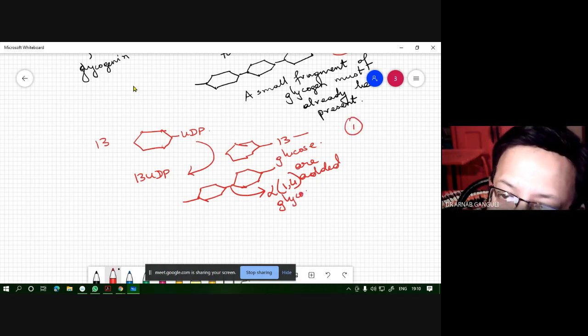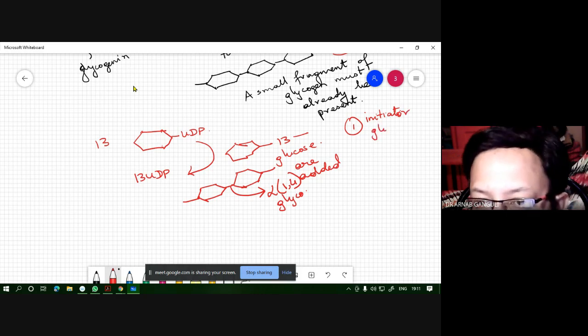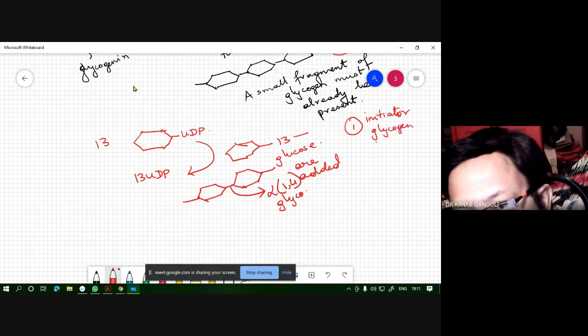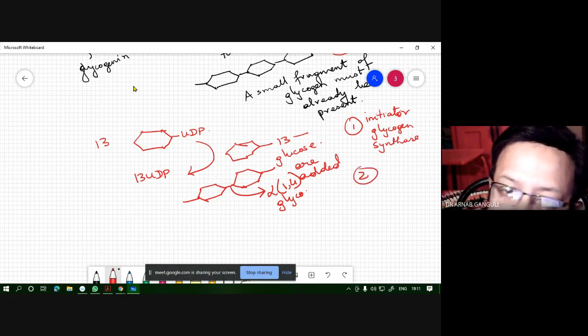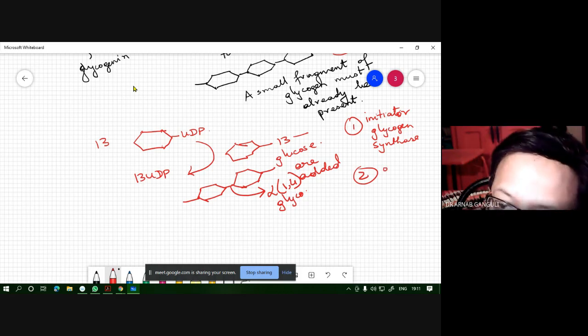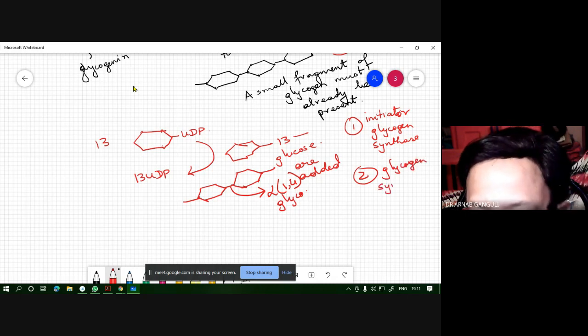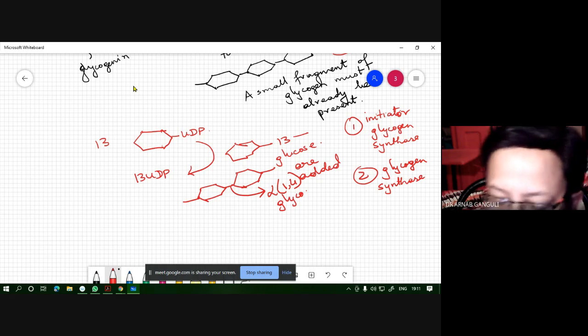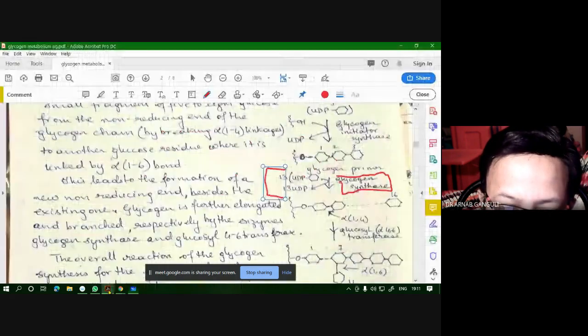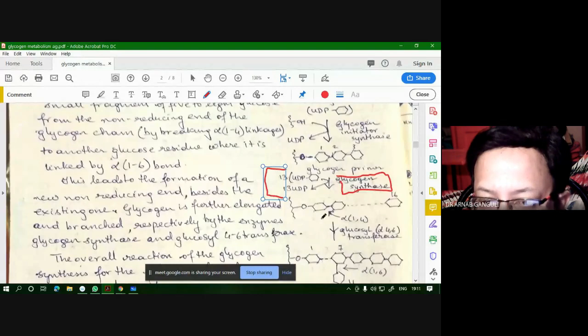First, you had the priming and initiator glycogen synthase, and then for continuous addition, you have the main glycogen synthase. Synthase, some people say synthetase. Yes, so you have this alpha 1 to 4 bond.